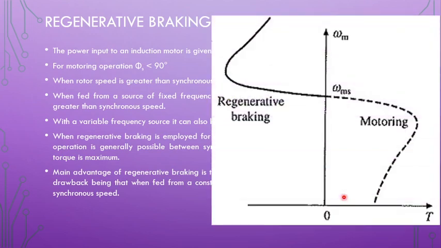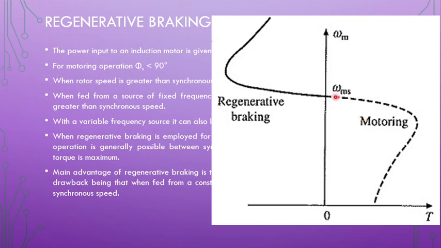So let us have a look at the torque speed characteristic. Usually when we are in the motoring mode, we will be in the first quadrant, and when going for the forward braking mode, we will be in the second quadrant. If our intention is just to stop the motor, then we go for forward braking mode. But while braking, if you want to generate power, we have to make sure that the speed is above the synchronous speed.